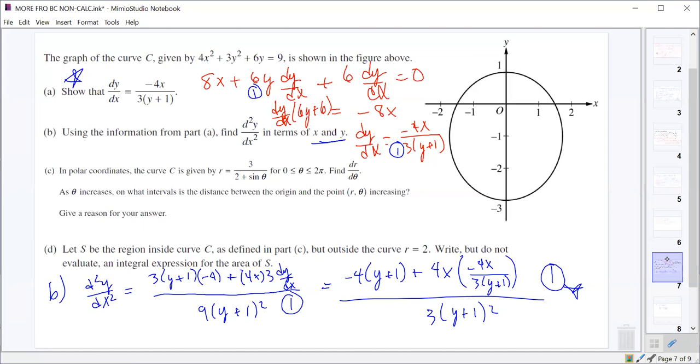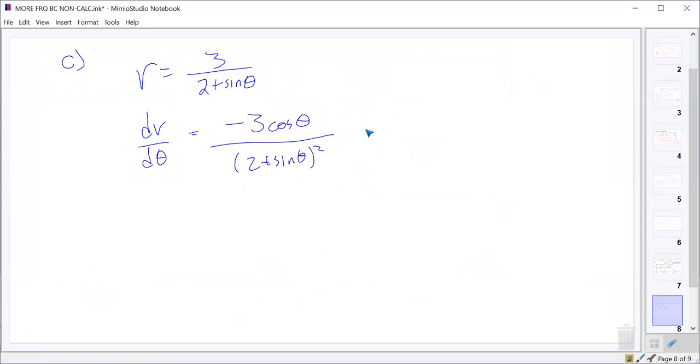So effectively, we want dr d theta to be greater than 0. We want the distance between the origin and our point r comma theta to be increasing. So we want the derivative to be positive.